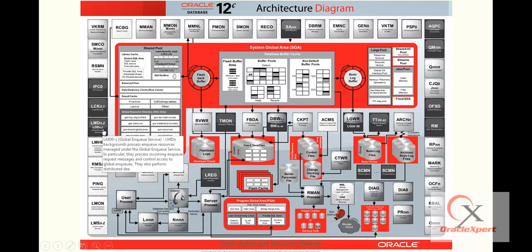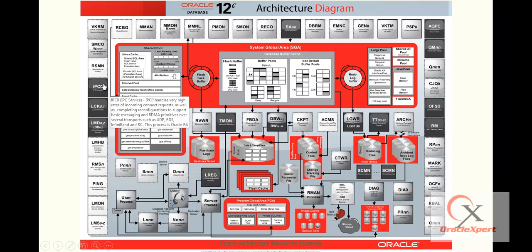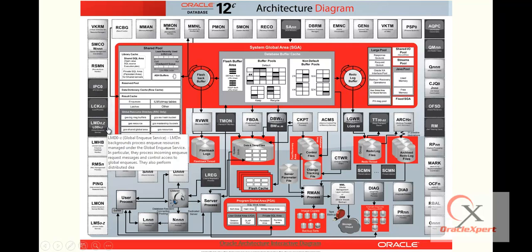They also perform distributed deadlock detection. There can be up to 36 of these processes ranging from LMD0 to 9 and then from LMDA to LMDZ. Note that LMD already existed prior to 12c. The only change is that LMD1 to LMDZ are new.